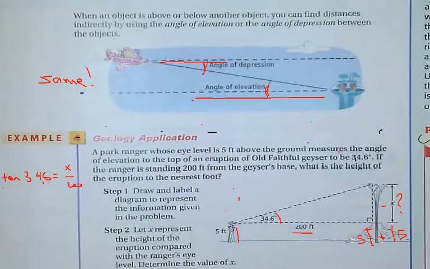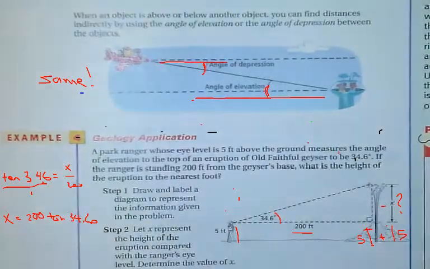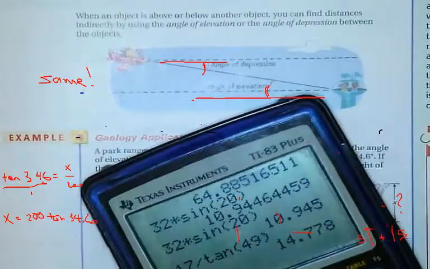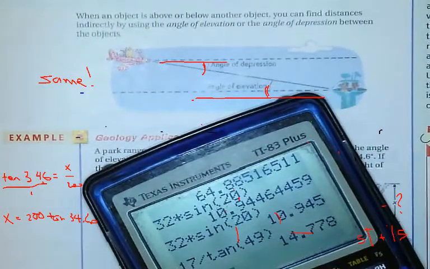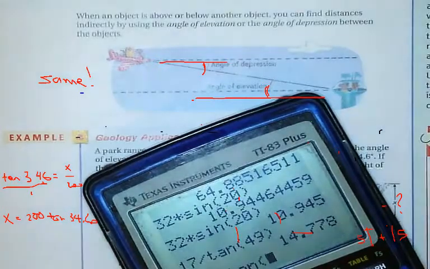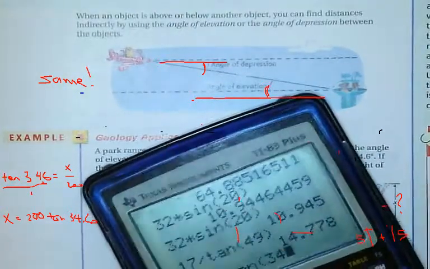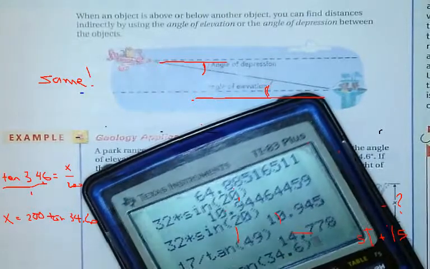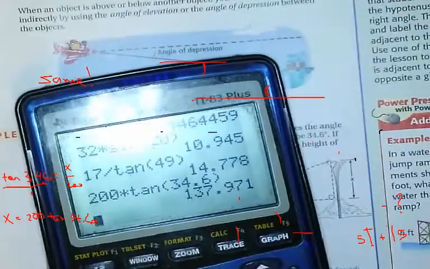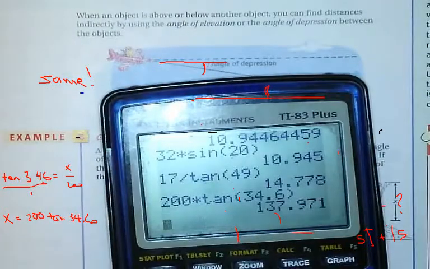No problem. If I cross multiply, 1 times x is x, 200 times the tangent of 34.6. Yep. So what is that? Let's just look. 200 times the tangent of 34.6. 137.9.